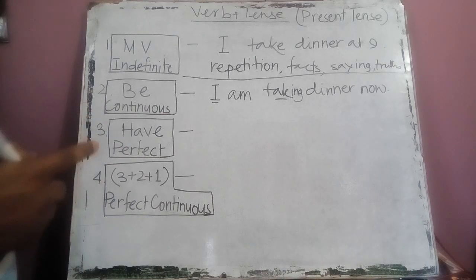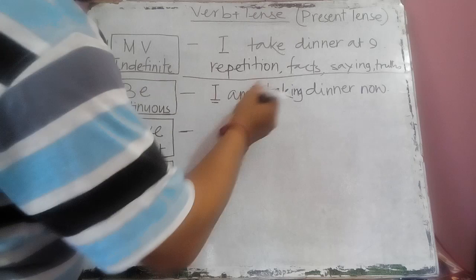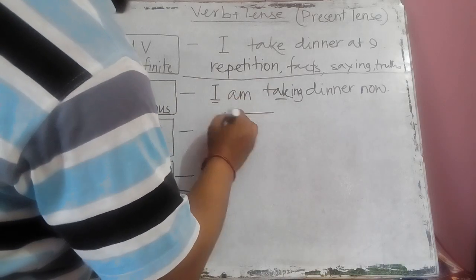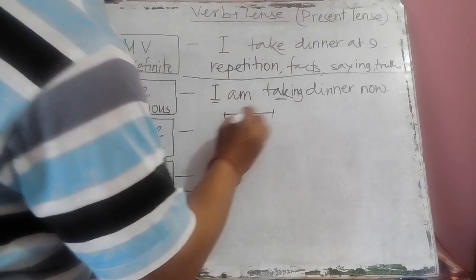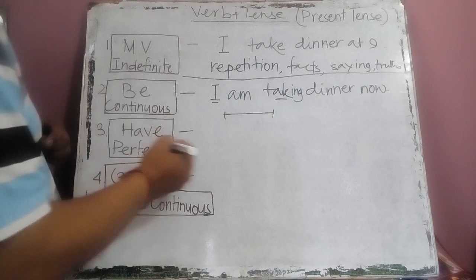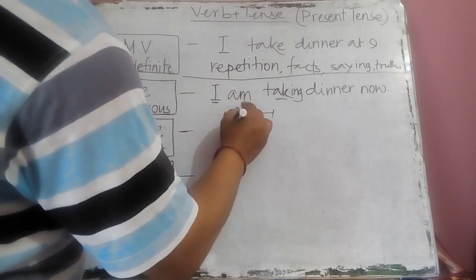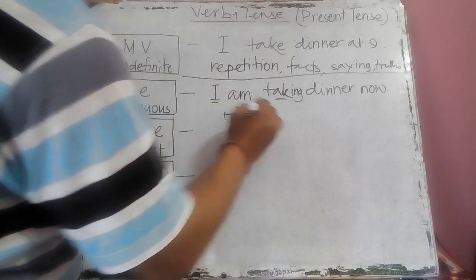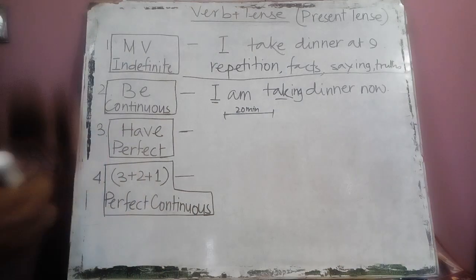So here in case of be verb, time is involved, say we take this time bar. For dinner, say we take 20 minutes, for example.